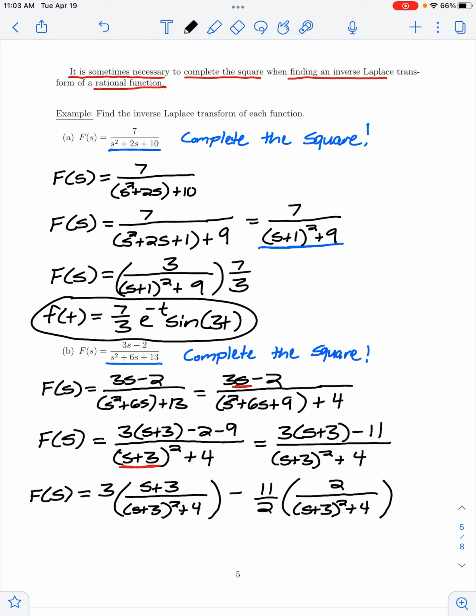And so to get that constant, I would take my numerator of negative 11 and multiply and divide by 2. So this results in an inverse transform of 3 times e to the negative 3t times cosine of 2t minus 11 halves e to the negative 3t sine of 2t.